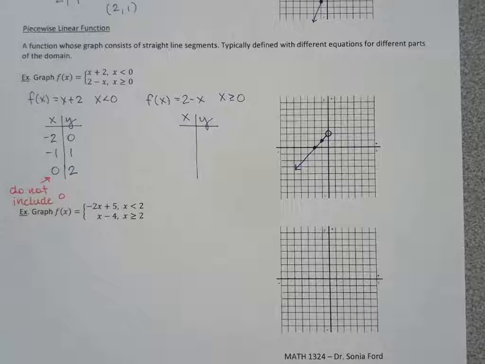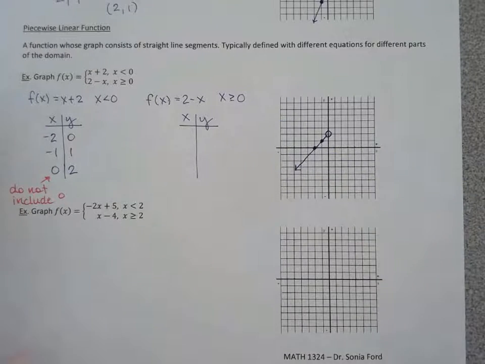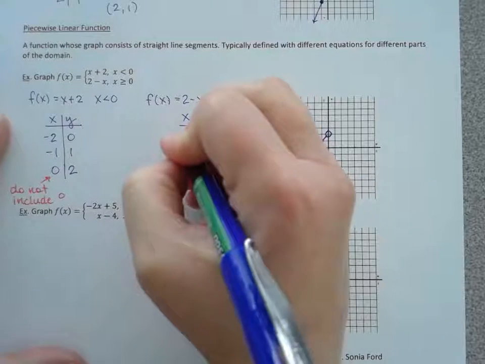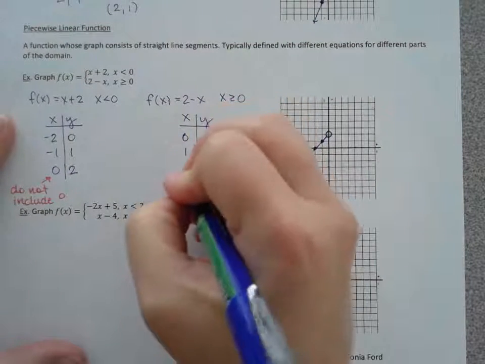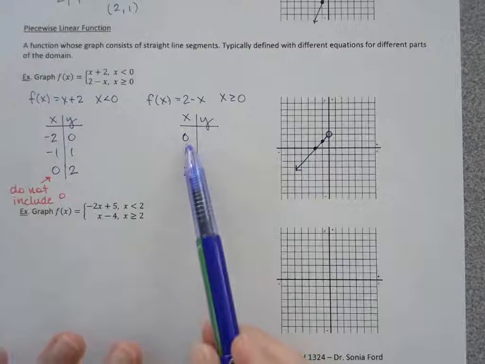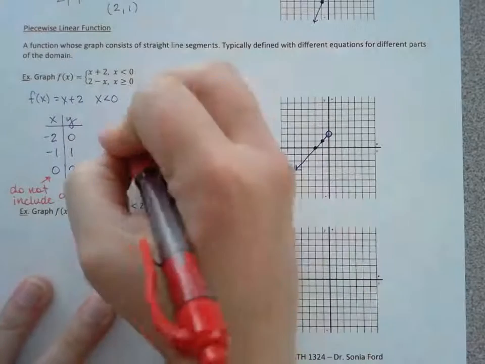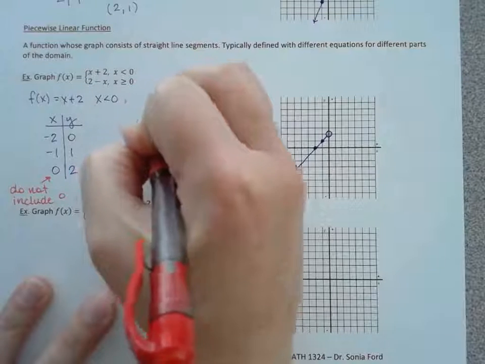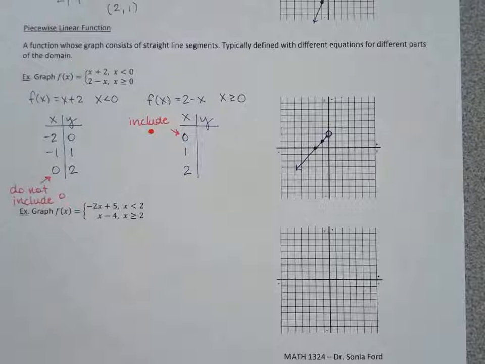Because we start at 0 and we are including 0 this time because it's greater than or equal to. So I'm going to start with 0 and I want values that are bigger. So let me do 1 and 2. We want to include the 0, which means when we draw it on the graph, we're going to have a closed circle.